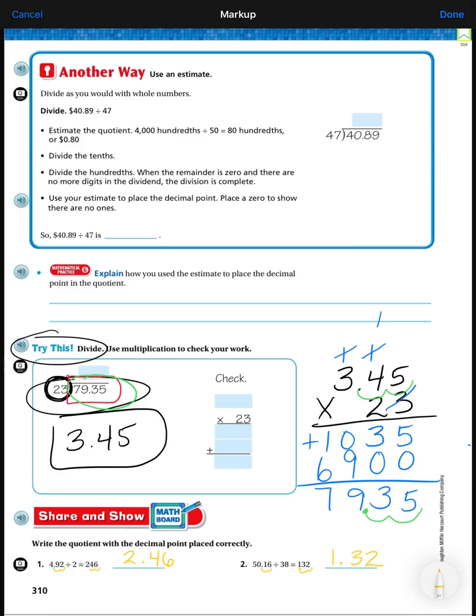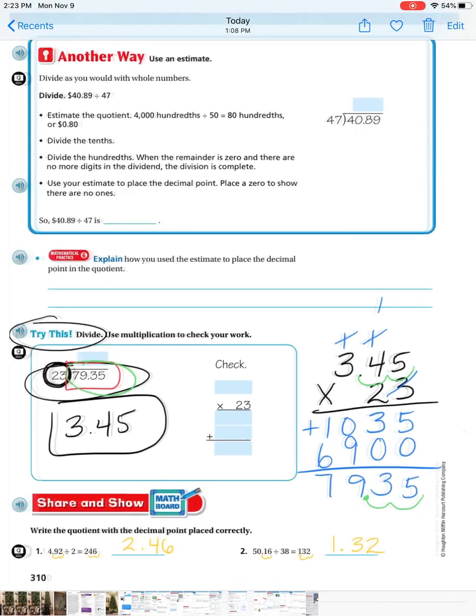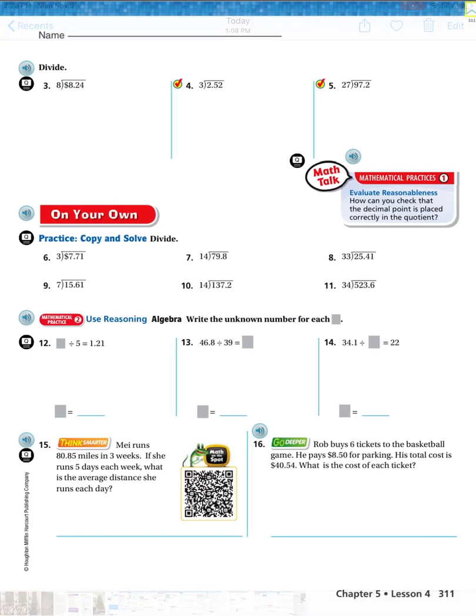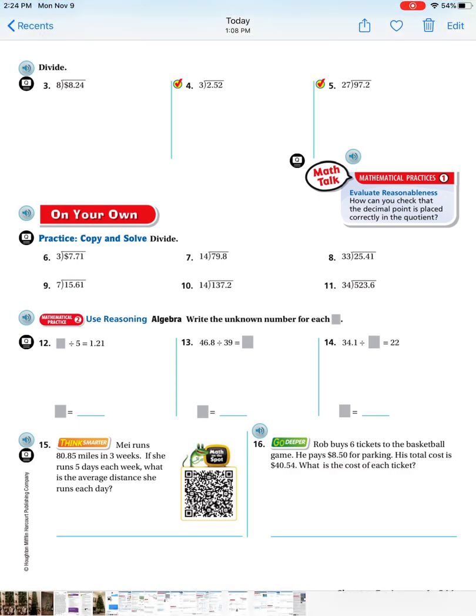All right, I want to look at 2 more together, and we're going to turn the page. So we're going to be on page number 311, and we're going to look at a couple of these. I am going to use my whiteboard just so I have a little bit more room to write, okay? First one I want to look at is number 4 because I think this is a great place to start.